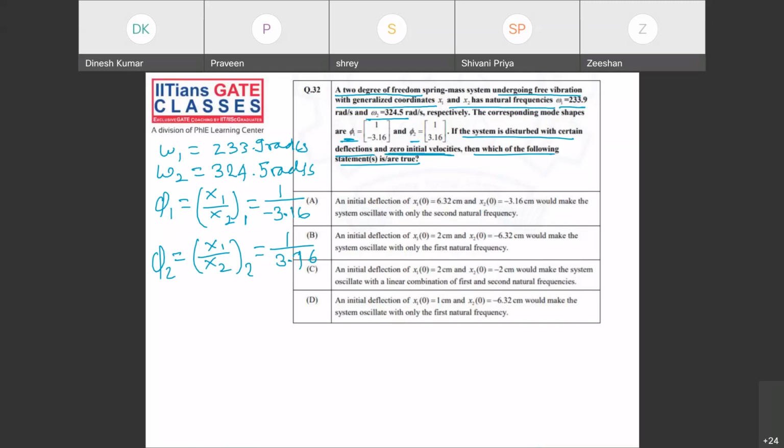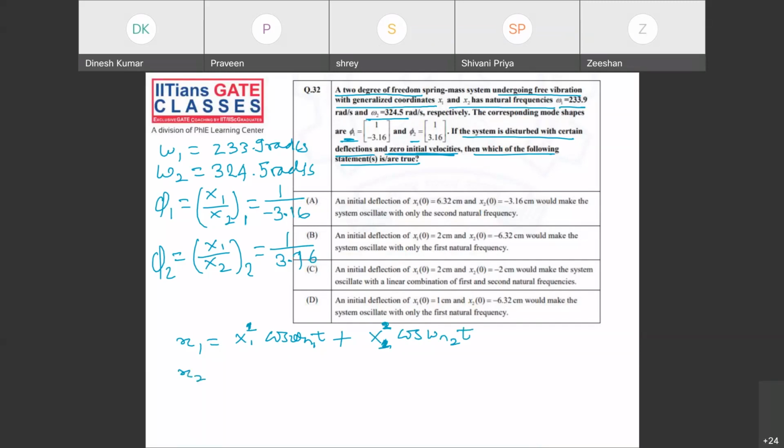Now guys, if you know the solution for these conditions, if you have zero initial velocity, the solution for two-dimensional free vibration is given by what? Your x1 will be x1 corresponding to the first mode cos of omega n1 t plus x1 corresponding to the second mode cos of omega n2 t.